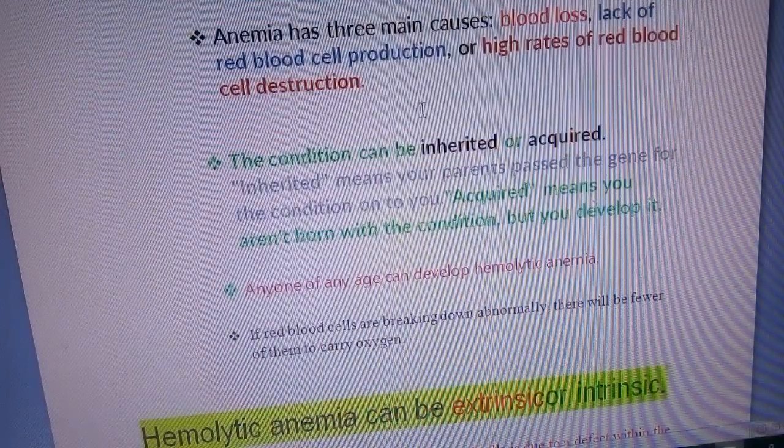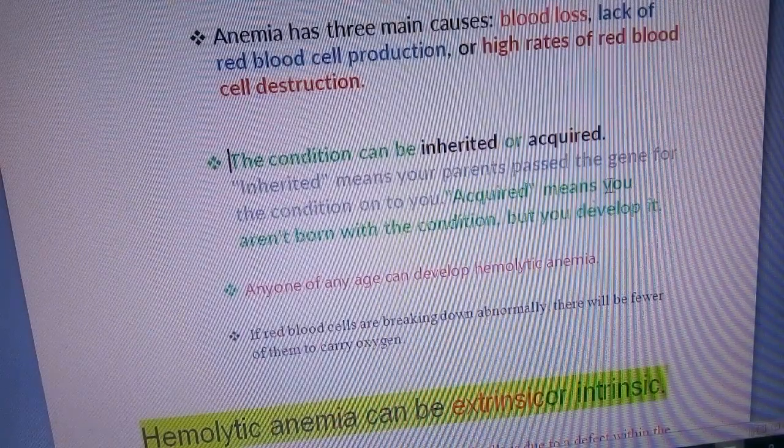What is the meaning of inherited? Inherited means your parents pass the gene for the condition on to you. Acquired means you are not born with this condition, but you develop it.